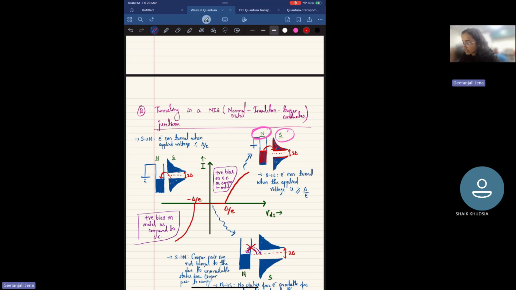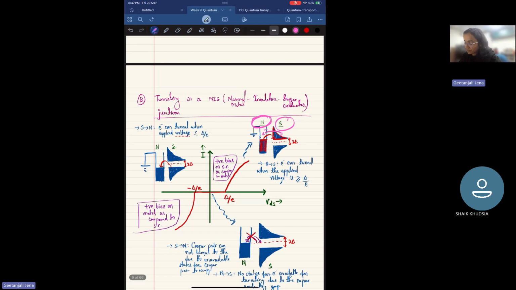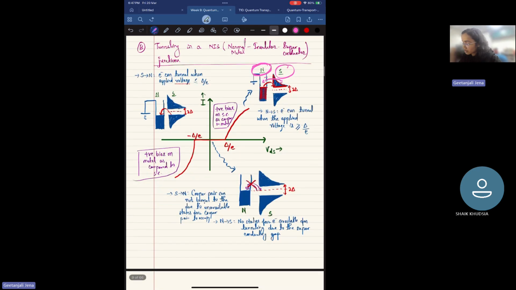These are single particle states, right? For that case, the electron can now move to the other side because there are single particle states on the superconductor side, and the voltage that is required for this is delta by e. Because this is delta, right?